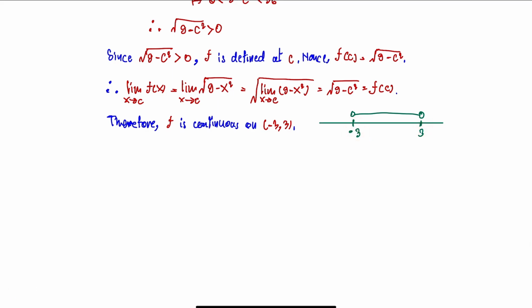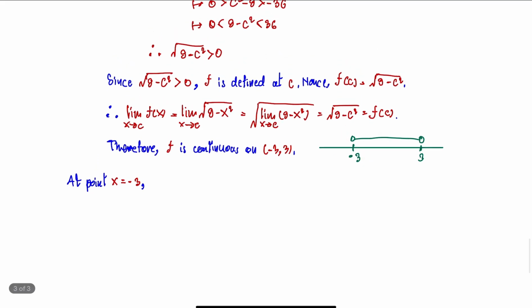So take a look at the endpoint. I'm going to write at the point x equal to minus 3, the endpoint on the left side. So we have the limit as x approaches minus 3 from the right side of f of x, which is the limit as x approaches minus 3 from the right side of the square root of 9 minus x squared.